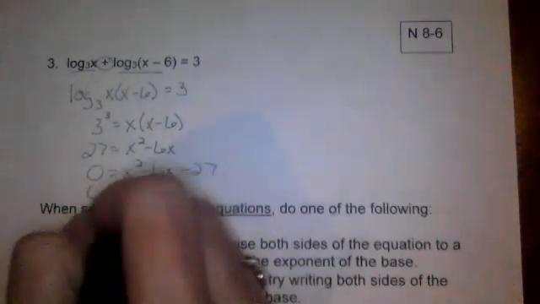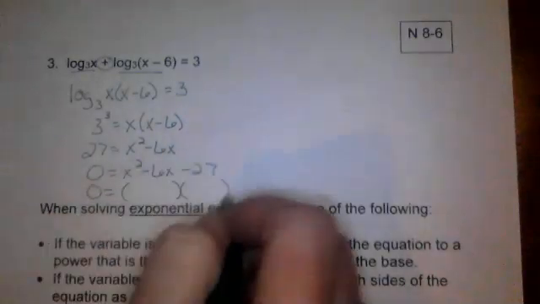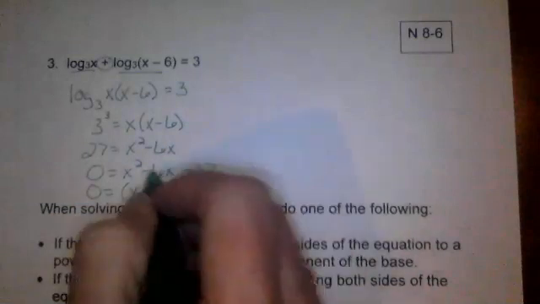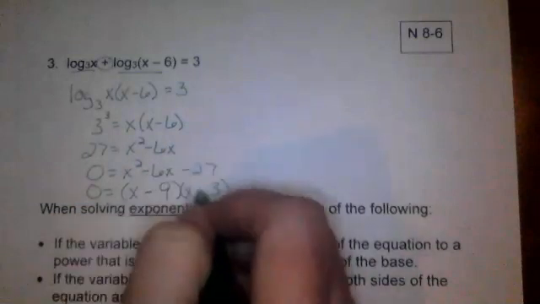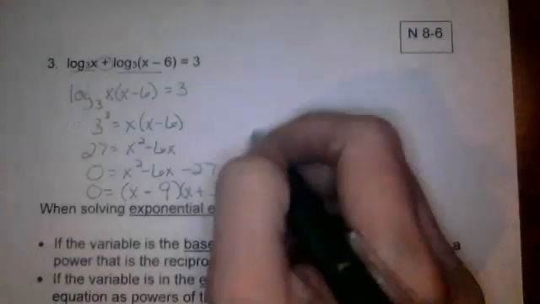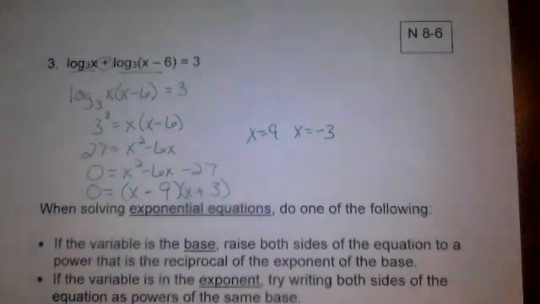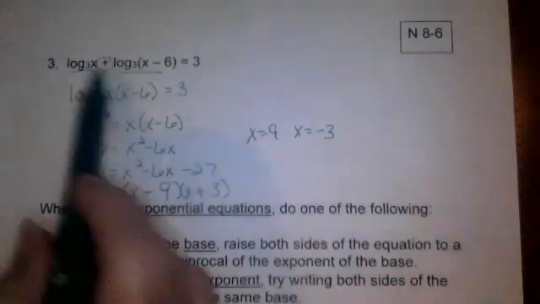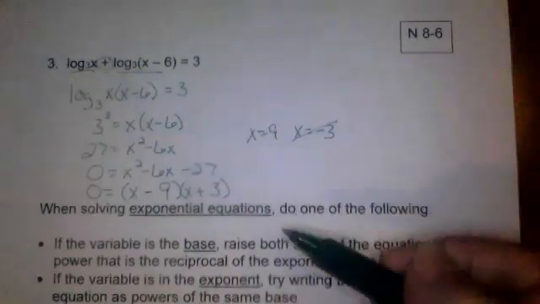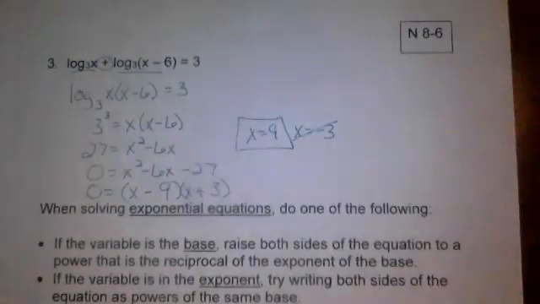And then we can factor. So it has to be x times x. 27 is 9 times 3. We want a negative 6, so negative 9 plus 3. Set those equal to 0, and we get x is 9, and x is negative 3. But again, don't forget to check and make sure those work. Negative 3 we can't use, so only x is 9.